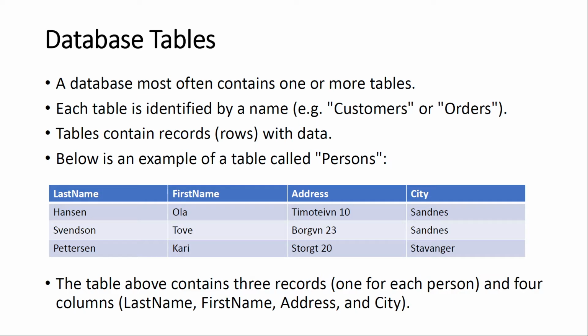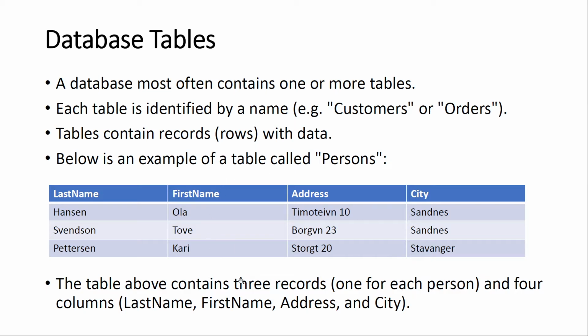Assuming we have a table called persons, and each and every person, like me personally, I have a last name, I have a first name, I have an address where I stay, and the city where I'm found. So an example is these names which I've given here. If one of these is your name, then sorry about that, I can go ahead and blur it up, but it's just an example.